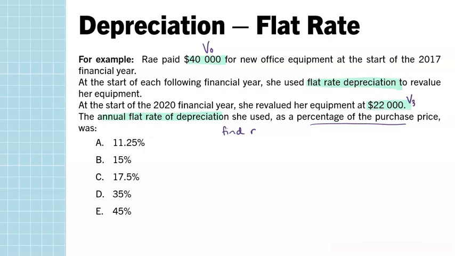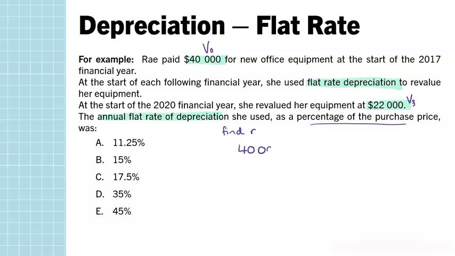So firstly, we're going to do that by finding out how much the equipment depreciated by per year. So what is our value of D? Once we have our value of D, we can then set up an equation to solve to find this percentage R. So firstly, how much did we depreciate by in total?